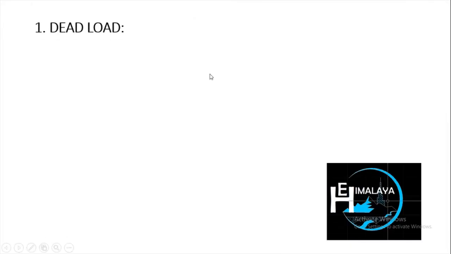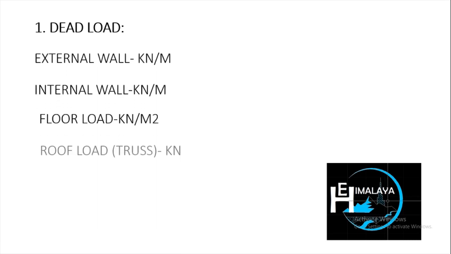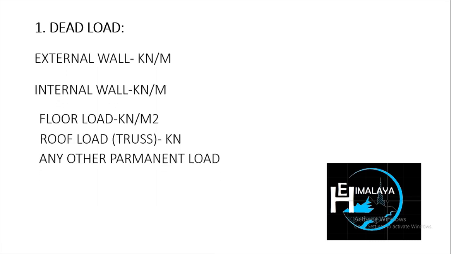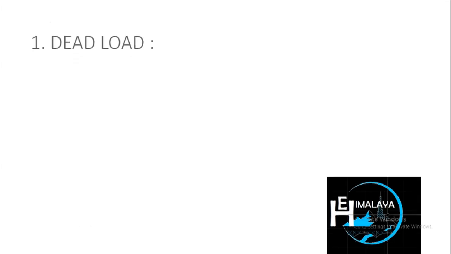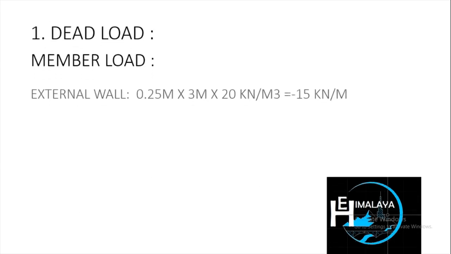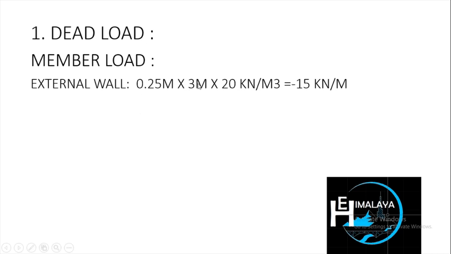So now you will see the dead loads. In dead load we have a contribution from the external wall, internal wall, floor load, roof load, and any other permanent load. For imposed load, we have to refer to IS 875 Part 2, and the seismic load we have already considered. For dead load, our member load is the external wall, 0.25 thickness, 3 meter height, and 20 is the unit weight of brick and plaster, which comes to negative 15 kN per meter.